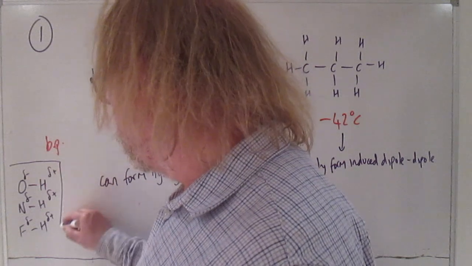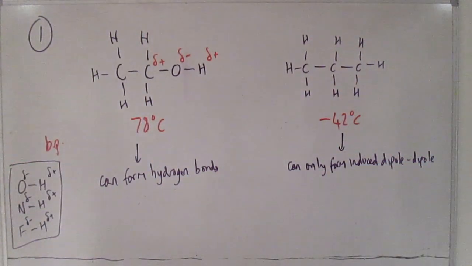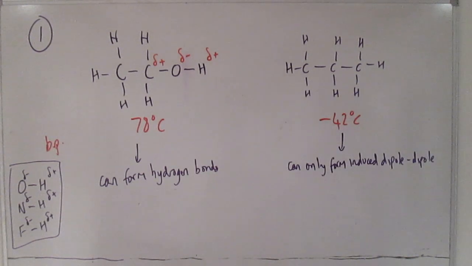So you have to remember that checklist of what the possible bonds are that you have to look for in a molecule if you want to know if it can form hydrogen bonds. And the answer is yes for ethanol, because you've got the OH bond there, but no for propane.